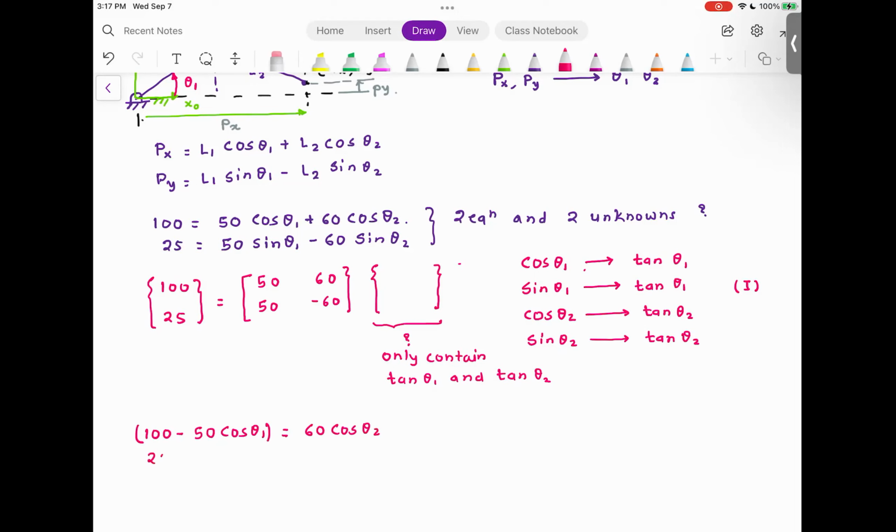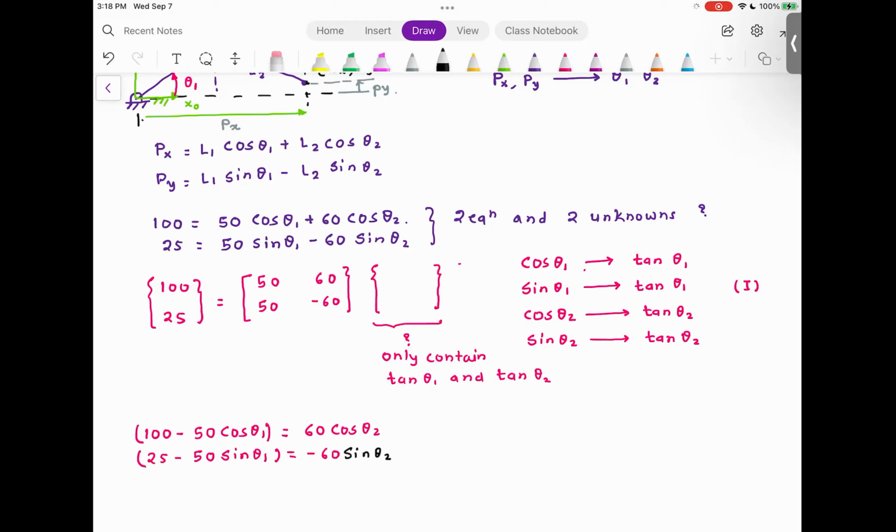I would use 25 minus 50 sine theta 1 is equal to minus 60 sine theta 2. And the most natural thing to do at this point is basically square and add.